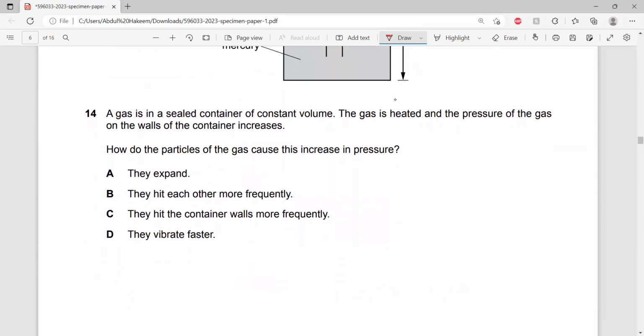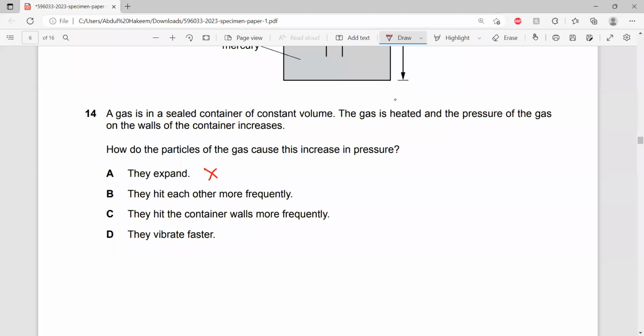And number 14, a gas is sealed in a container of constant volume. The gas is heated and the pressure of the gas on the wall of the container increases. How do the particles of the gas cause this increase in the pressure? They expand?